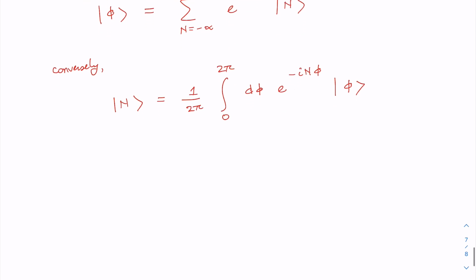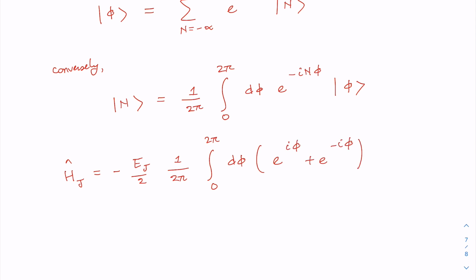This allows us to write the Hamiltonian in this form: Hj is equal to minus Ej by 2 times 1 by 2 pi integration 0 to 2 pi d phi, e to the power i phi plus e to the power minus i phi, and we have this outer product ket phi bra phi. You can see this is an operator.